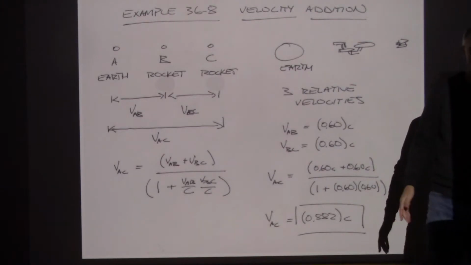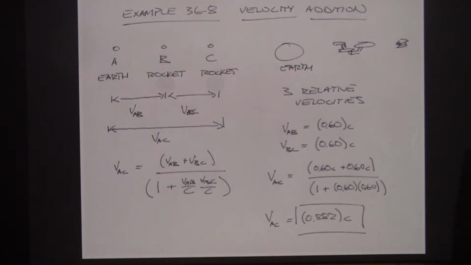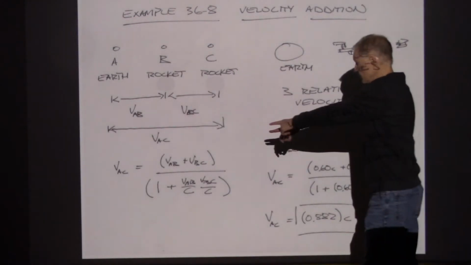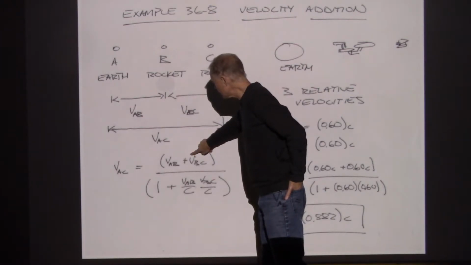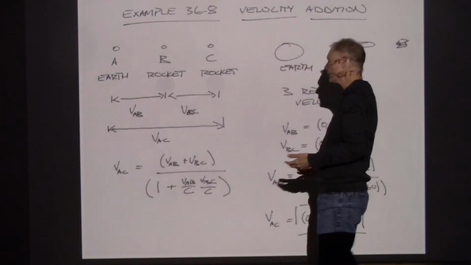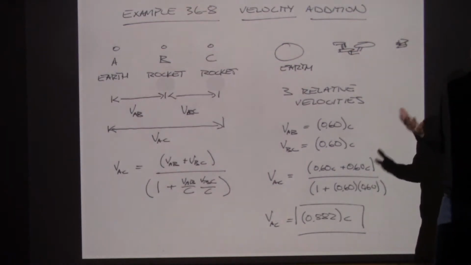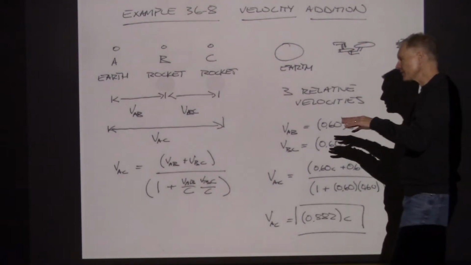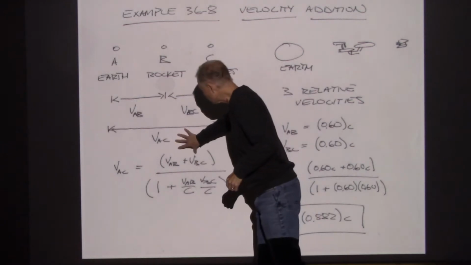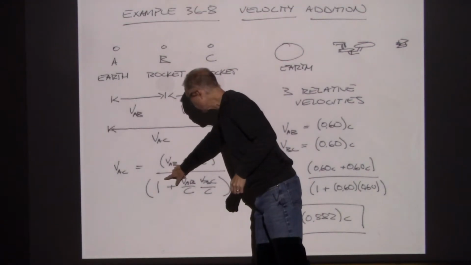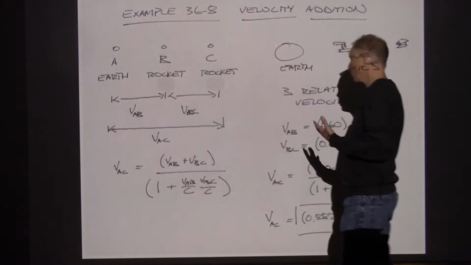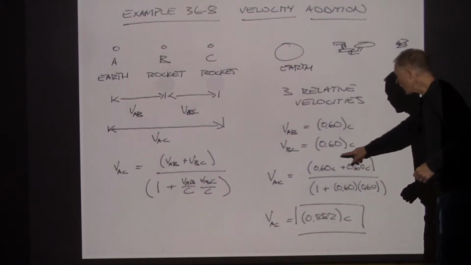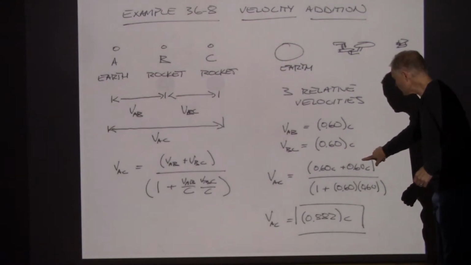What's the formula for adding velocities together in special relativity? The formula says add the 2 velocities together as you would in classical physics, but you're not through. You can't just add them together. You have to divide that number by 1 plus VAB over C times VBC over C. When we do that, we get 0.60, 0.60.